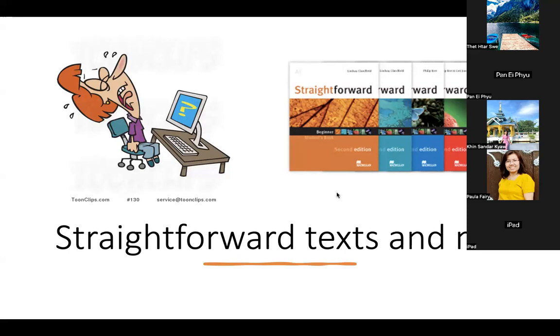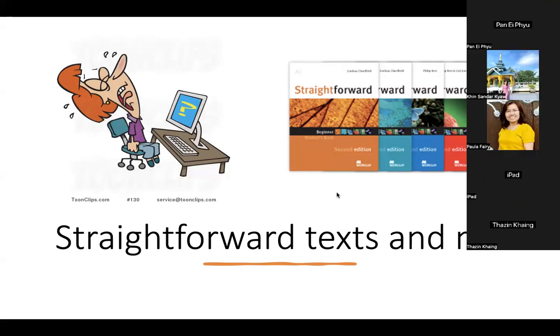Although I did not have the idea of scaffolding, sometimes before I taught the difficult language items, I reminded the students what they had learned in the previous semester. But I didn't know that I was doing scaffolding. I didn't know that.